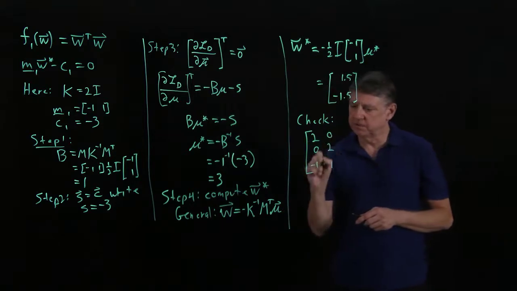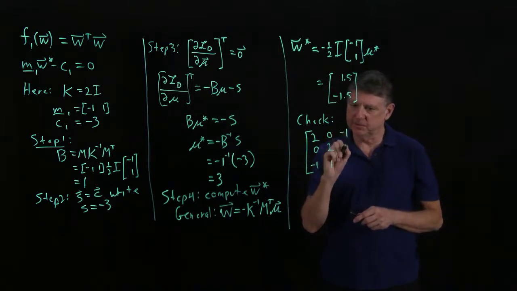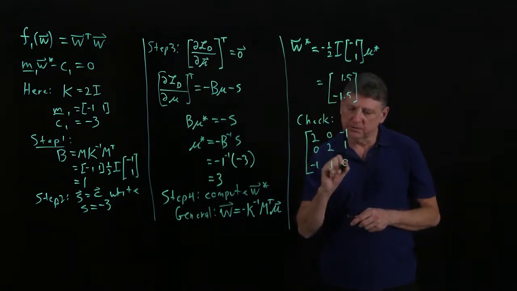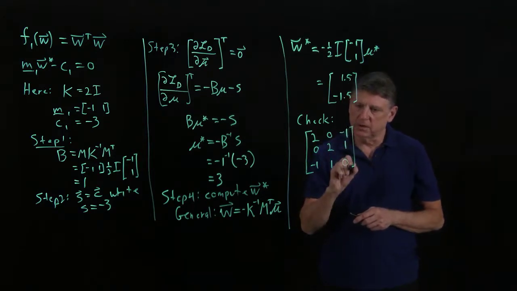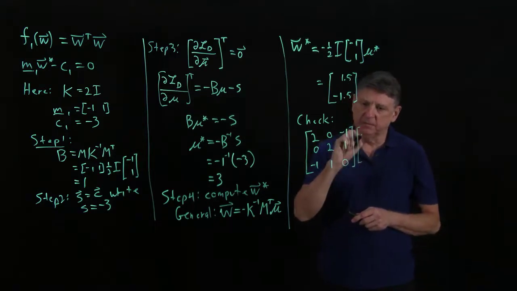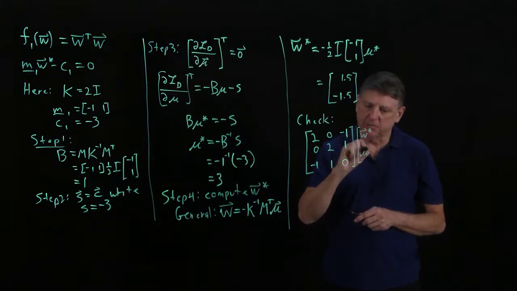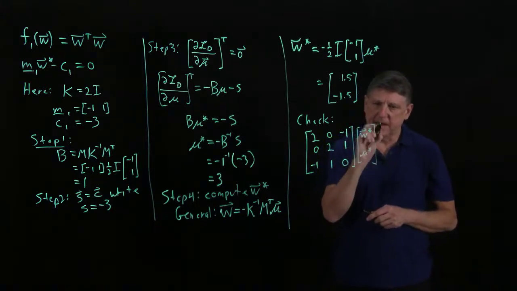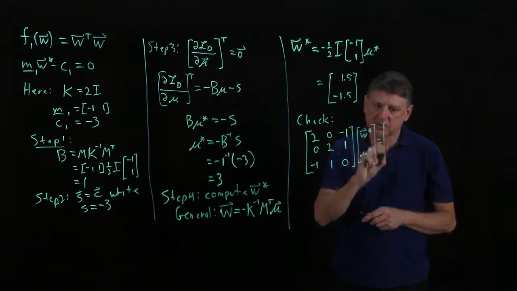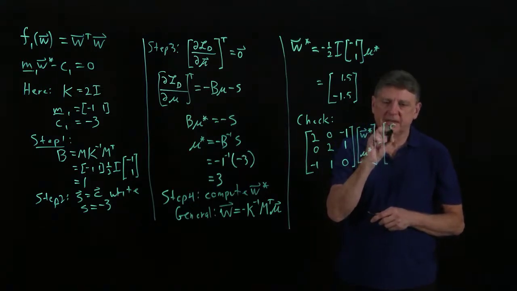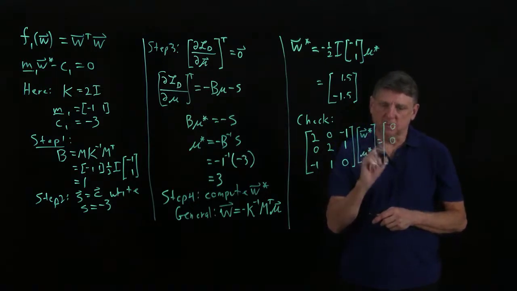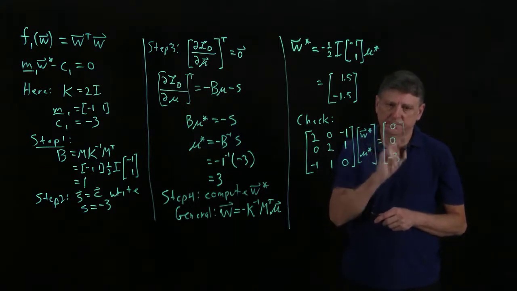We transpose this to be the vector minus 1, 1. We always put a 0 in that lower right corner, and that would be times the optimal vector and the optimal multiplier, and our constraint was that that had to equal 0, 0, minus 3.